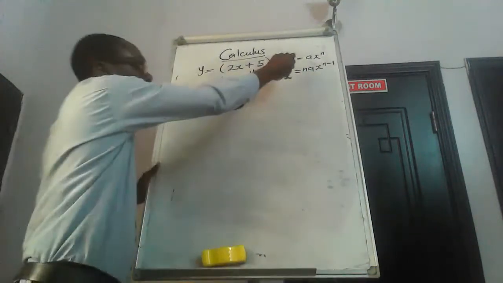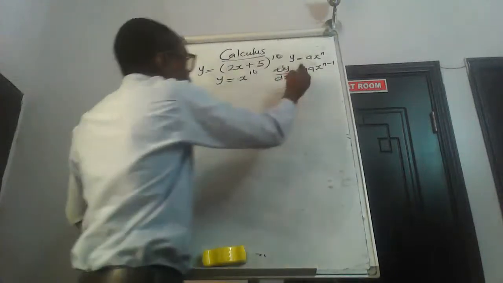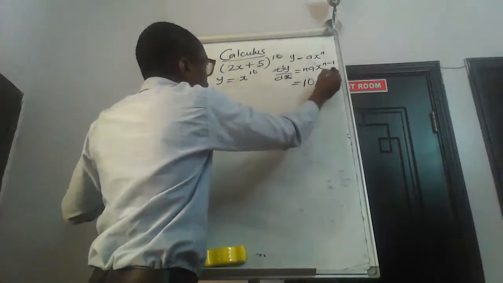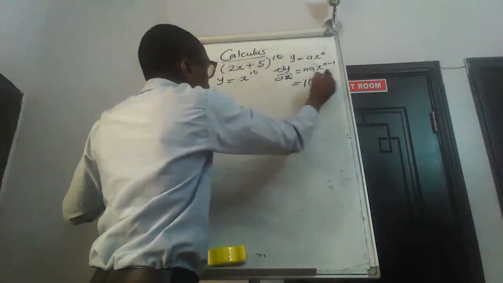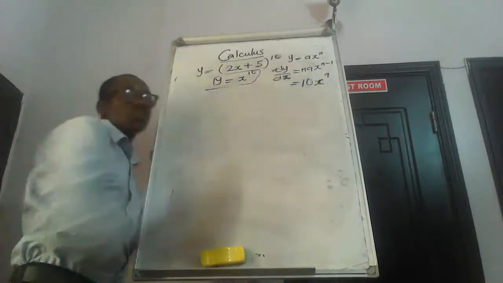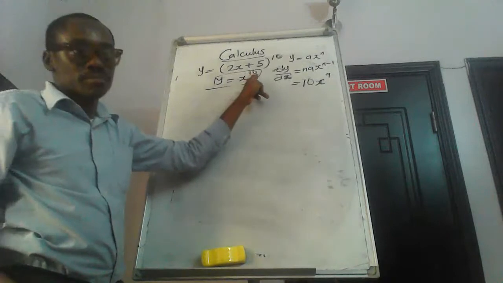You can actually apply this formula here. Applying this formula here, what will you get? You're going to arrive at 10x raised to power 9. But this formula is not going to work here.